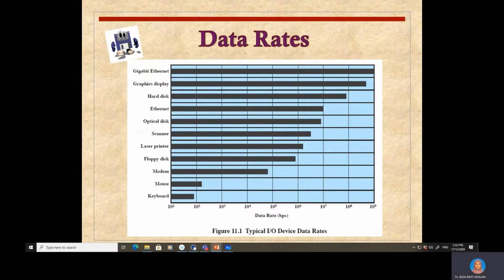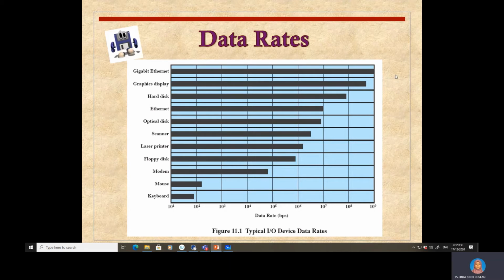So these are the data rates that are different from device to device. This is the typical I/O device data rate. You can see here, the gigabit Ethernet requires the largest data rate, in bits per second, 10 to the power of 9.